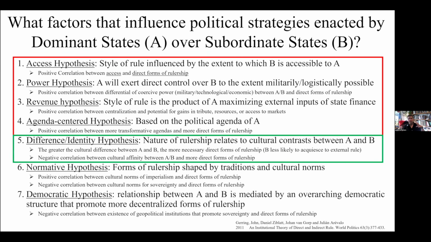The difference identity hypothesis, I think, is really useful for city-state cultures. In a city-state culture, you have a bunch of independent kingdoms that all share fundamental ideas about the way the world works. A lot of times they're speaking the same language or closely related languages. They have similar political institutions and similar ways of doing things. Their economies have been interacting with each other for some time.